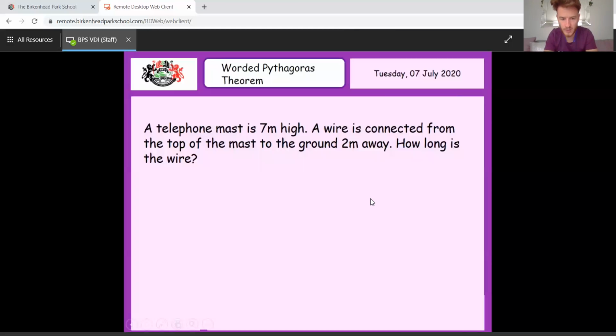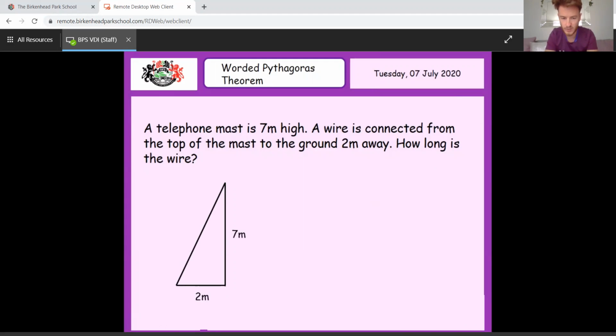Answer coming up now then, guys. We have a mast that is 7 meters high. We have a wire connected from the top of the mast to the ground that is 2 meters away from the mast at the ground level. That gives us a right-angled triangle.